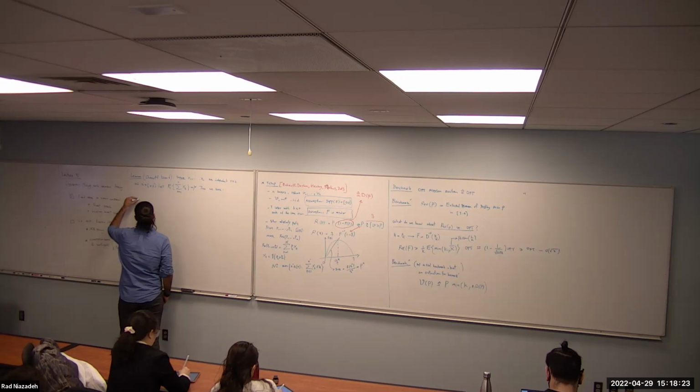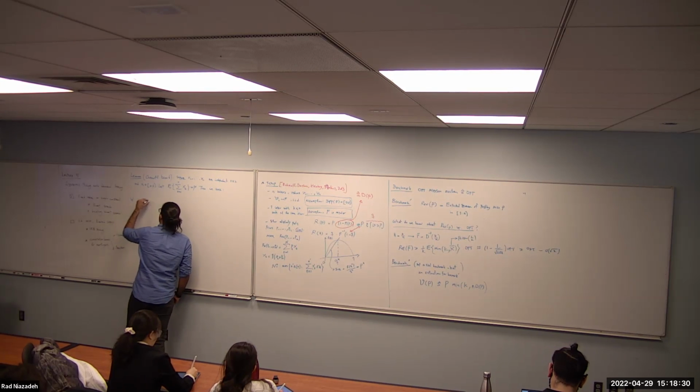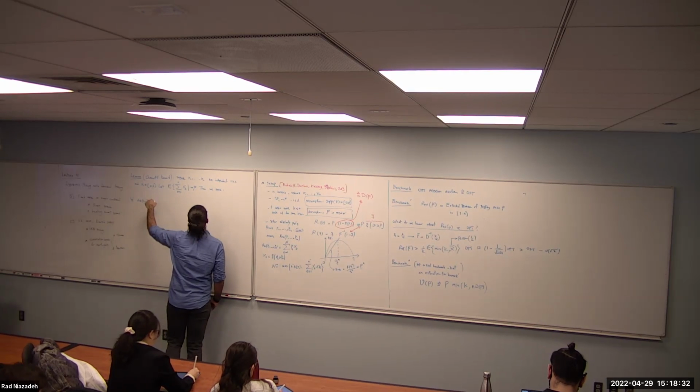For every delta between 0 and 1, I believe, but I might be wrong, maybe it's between 0 and half. I think it's 0 and 1.